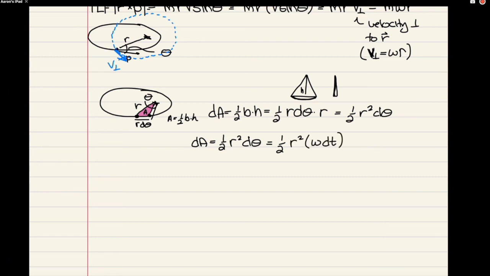If there's some omega that it's moving around the star with, some angular velocity, we can write d theta as omega dt. This is essentially how we defined omega. I'm just going backwards.